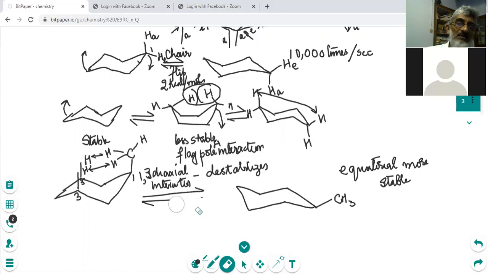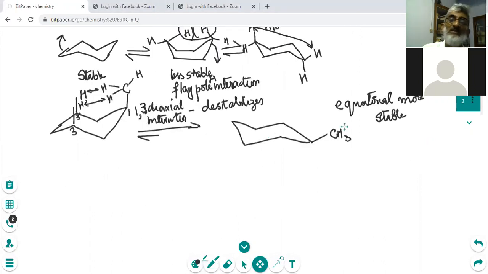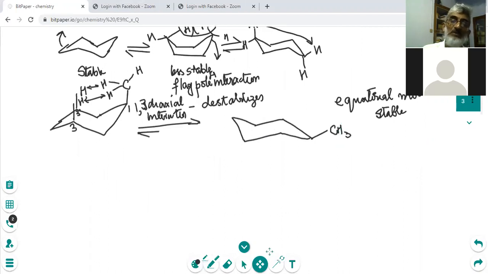See this. What's the meaning? The meaning is that more amount of the equatorial form is present at equilibrium. The CH3 group is a bulky group.